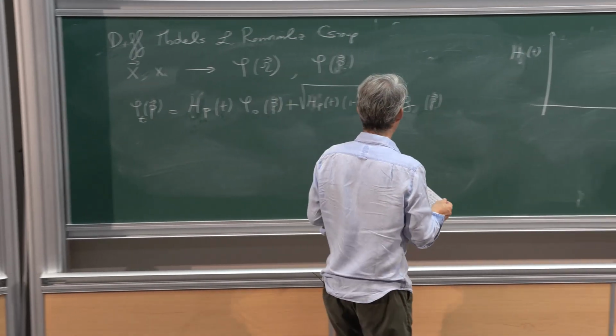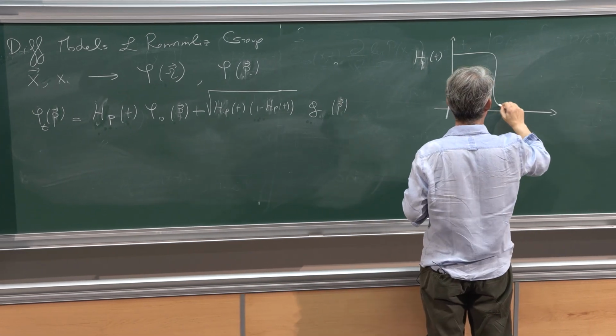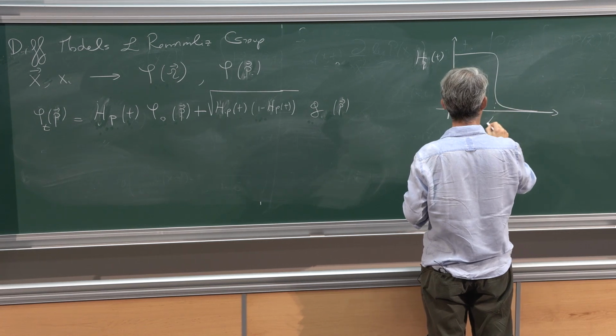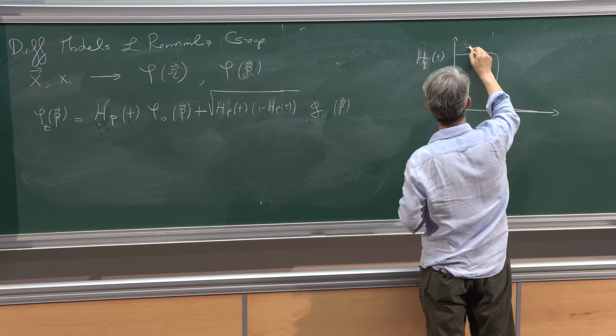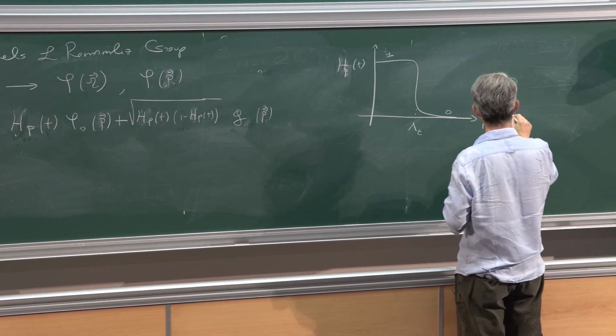So what is this H_p(t)? It is this kind of function: here I have a lambda of t, this is 1, this is 0, and this is a function of p, which is the absolute value of p.